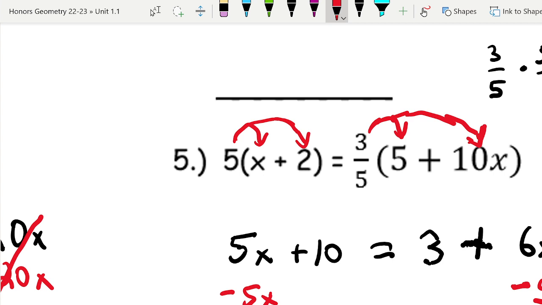We'll subtract 3 from both sides, and we end up with x equaling 7.